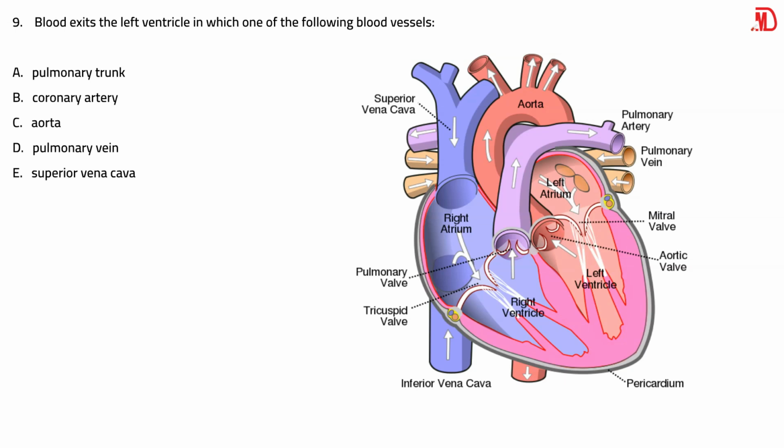The left ventricle pumps the blood to the aorta via the aortic semilunar valve, which will distribute the oxygenated blood to all parts of the body. And hence, the correct answer is C, aorta, because that is the vessel which supplies blood to the entire body. And it is leaving the left ventricle.